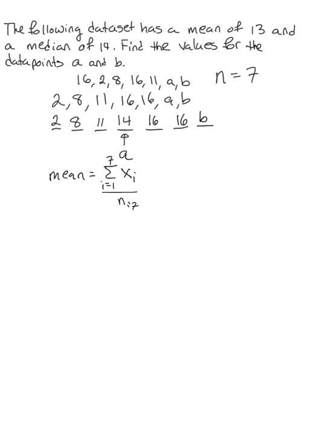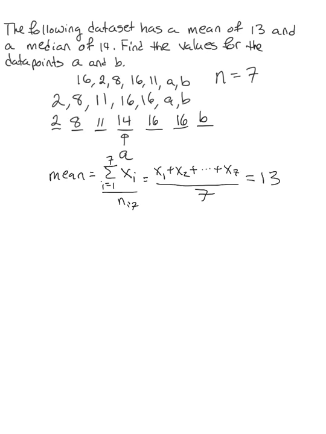So this is going to be x1 plus x2 plus dot dot dot up to x7, divided by 7. And we are told that this is going to equal 13.